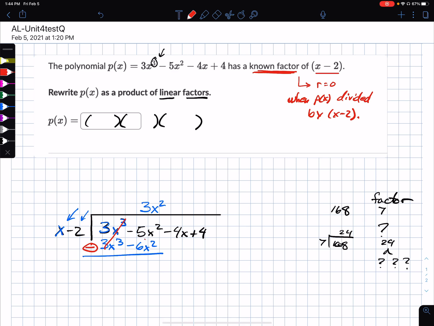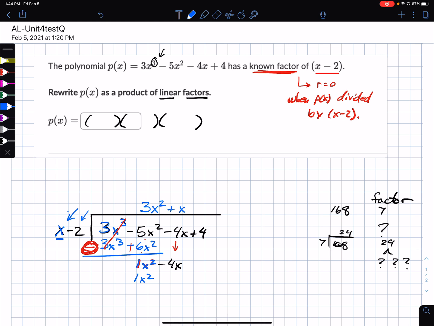But then negative 5x squared minus negative 6x squared. So it's a double negative. You'll end up with positive 1x squared, and then just drop the next term down so we have enough terms to compare with our divisor. So we focus on the front term again, 1x squared. In order to multiply x by something to match up with 1x squared, we need a positive x up here.